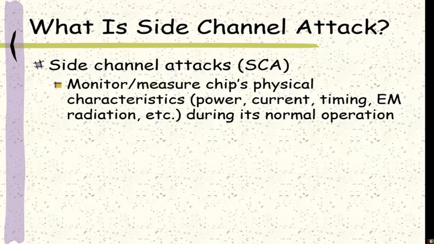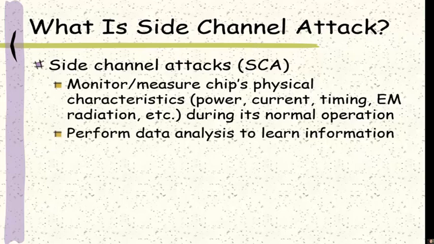These physical features can be power consumption, current, timing or delay, electromagnetic information, acoustic information, optical information, etc. Then, during the second phase, the attacker will perform data analysis on the collected side channel data to determine the on-chip secret information of interest. Normally, further measurements will be collected to confirm the deduced secret information.